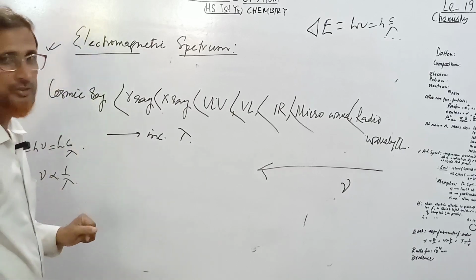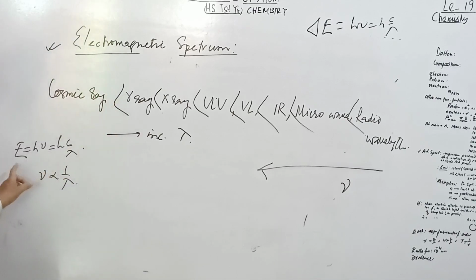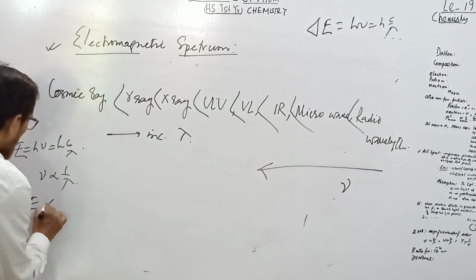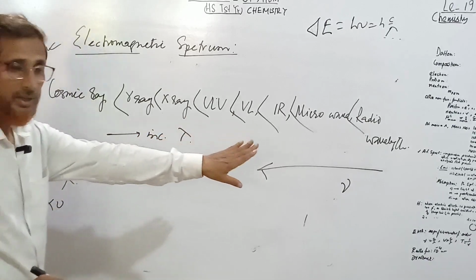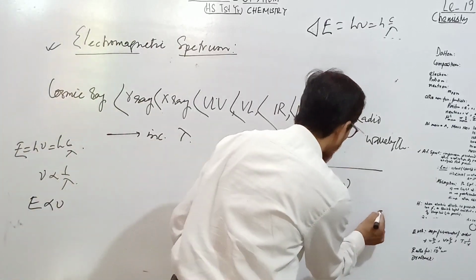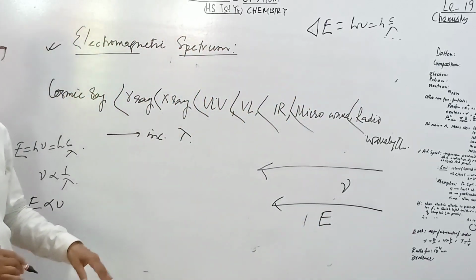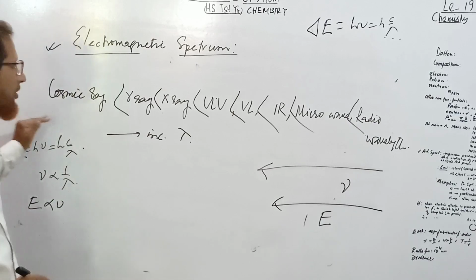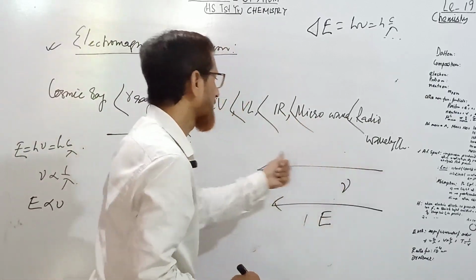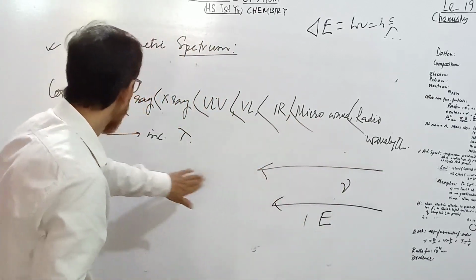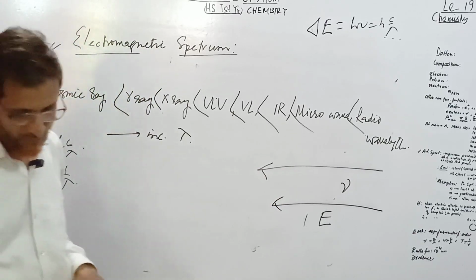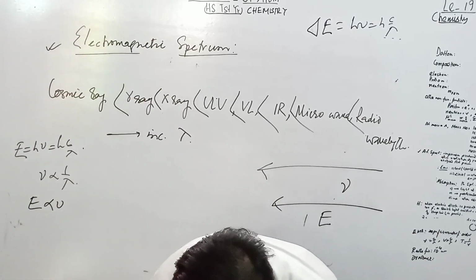And if you are asked to arrange in increasing order of energy, energy is directly proportional to frequency. So whatever way the frequency is arranged, that is the same order of the energy. So wavelength is of that order, frequency is of that order, and energy is of that order. So this is very important.